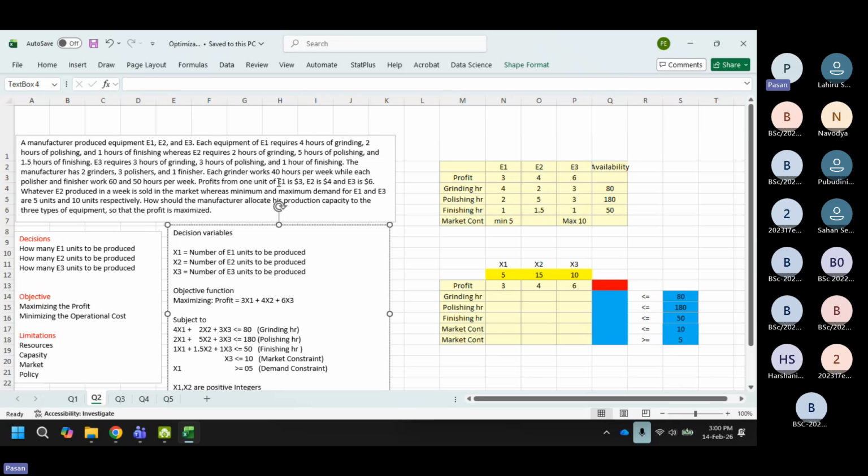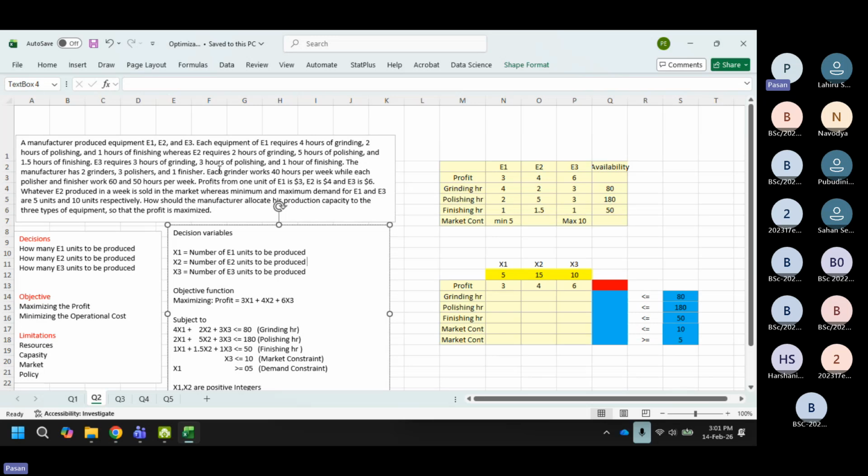And profits are given there, right? And before that, the grinder is 40 hours, total is 40 per week, and then the polisher and finisher work 60 and 50.